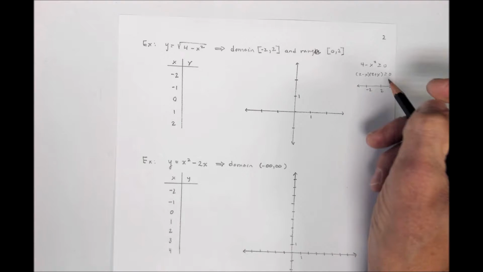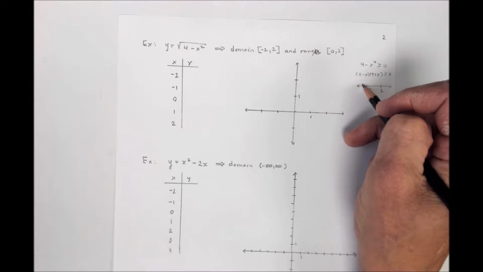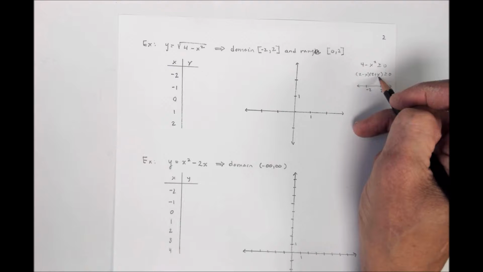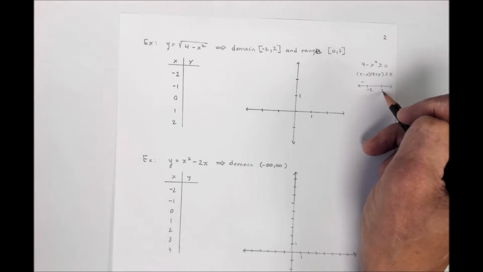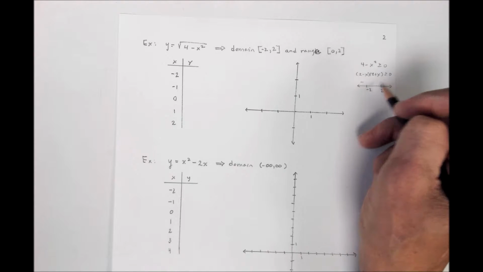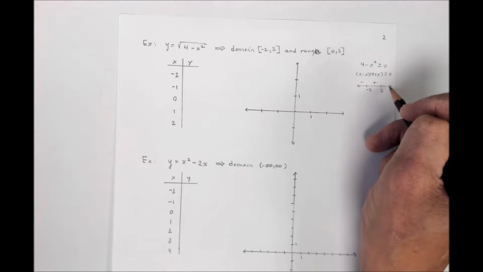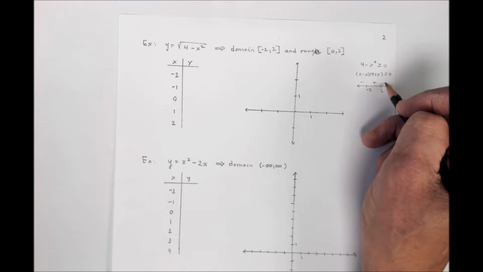And I would test these values by taking a number from each of the subintervals, like -10, and plug -10 in. That'd be positive, that'd be negative, so it's negative. And I take a number between -2 and 2, like 0, and I plug 0 in for x, and I get a positive times a positive, which is positive. And then I take a number like 10 in this interval, and I get 2 minus 10 is negative, 2 plus 10 is positive, negative times positive is negative.